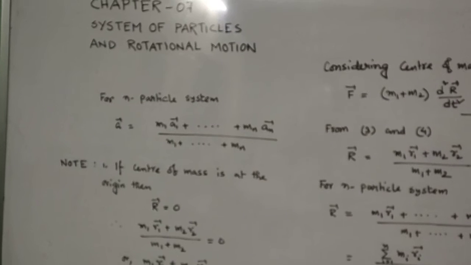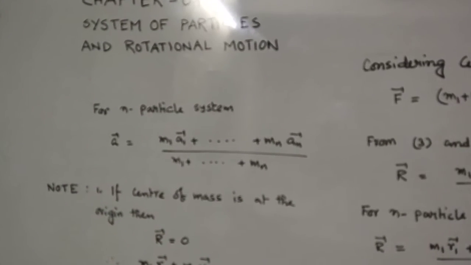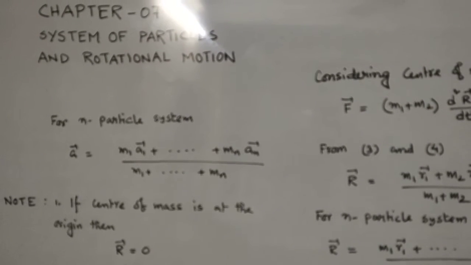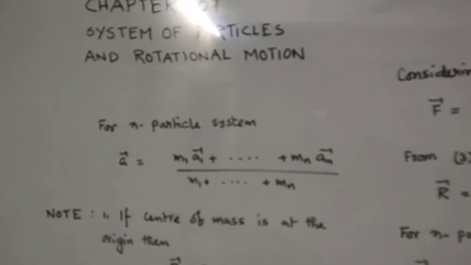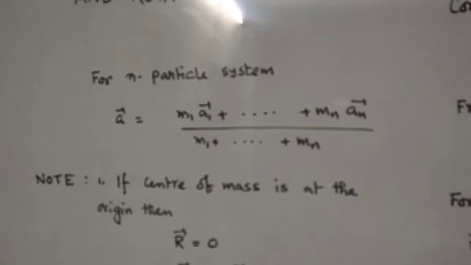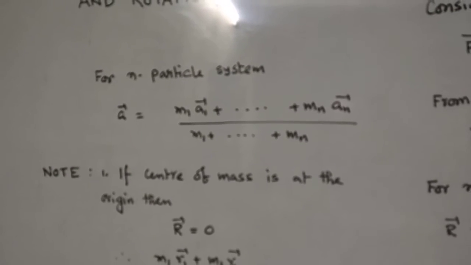You can generalize for the n particle system like this: a vector equal to m1 a1 vector plus ... mn an vector by m1 plus ... plus mn.